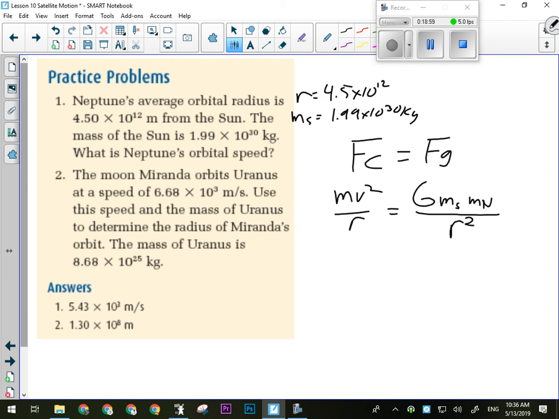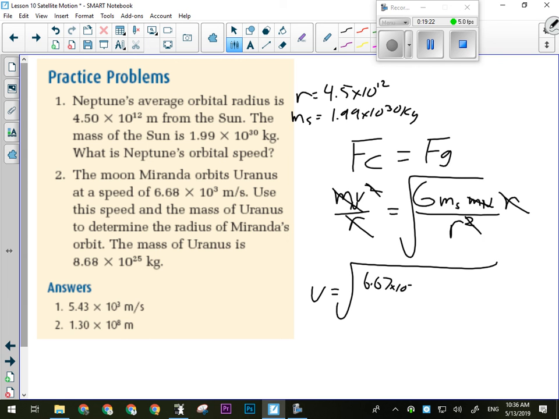All right, so we are looking for Neptune's orbital speed. To get V by itself, I'm going to multiply both sides by R. That'll cancel off the square. Divide both sides by the mass of Neptune, so it will cancel, which is good because they didn't give it to me in the first place. And then I'm going to square root. So V equals the square root of 6.67 times 10 to the minus 11, universal gravitational constant, times the mass of the sun, 1.99 times 10 to the 30, divided by 4.50 times 10 to the 12.